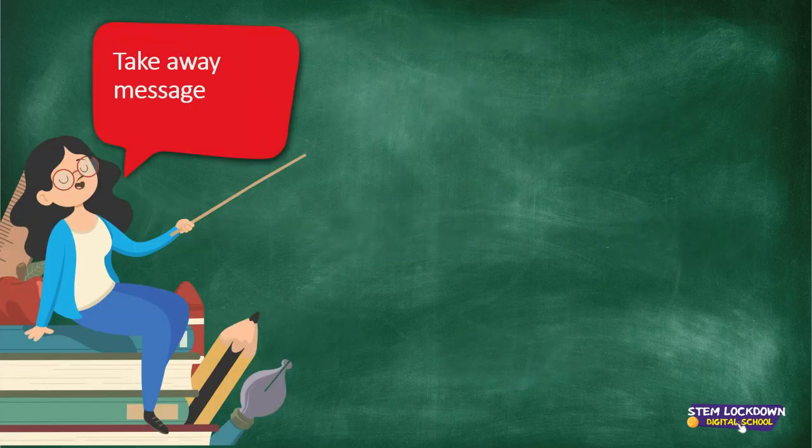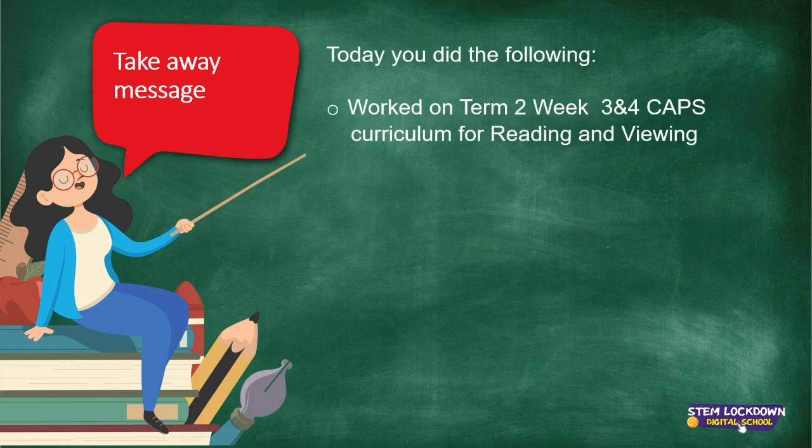Well, that brings us to the end of this reading lesson today. And let's just revise what we've done. We did actually cover quite a lot of things. So we worked on the term 2 caps, week 3 and 4 for reading and viewing. We talked about information text.